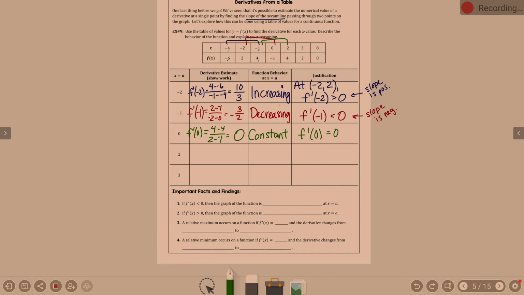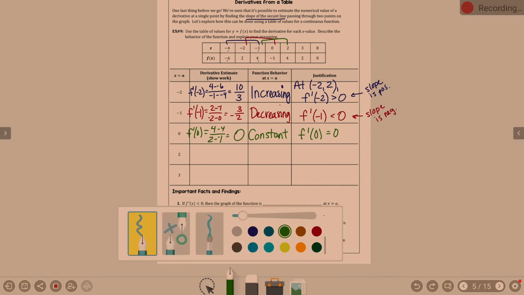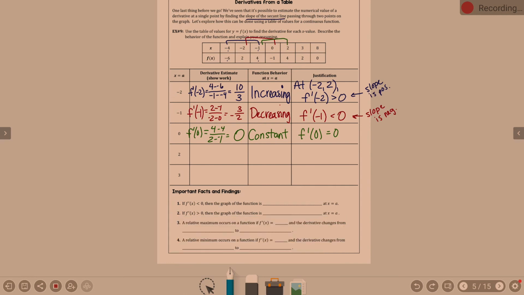Okay, 2. Around 2, what am I using? 0 and 3. So f prime of 2. Did I get 1?